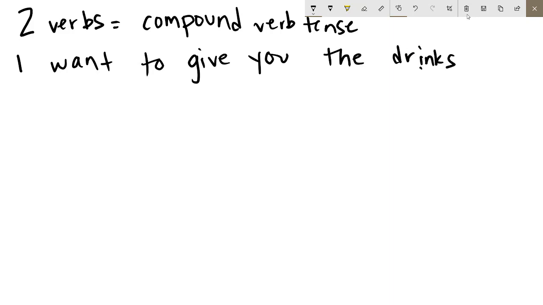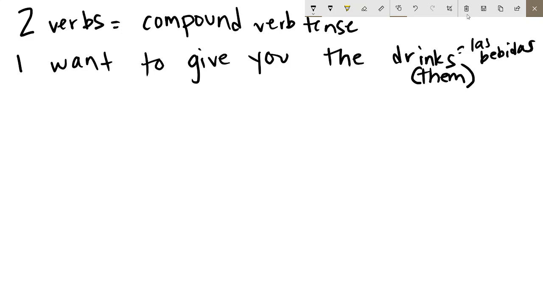And again, I'm going to refer to the drinks as a them. So the drinks again is las bebidas. So that's las bebidas again.